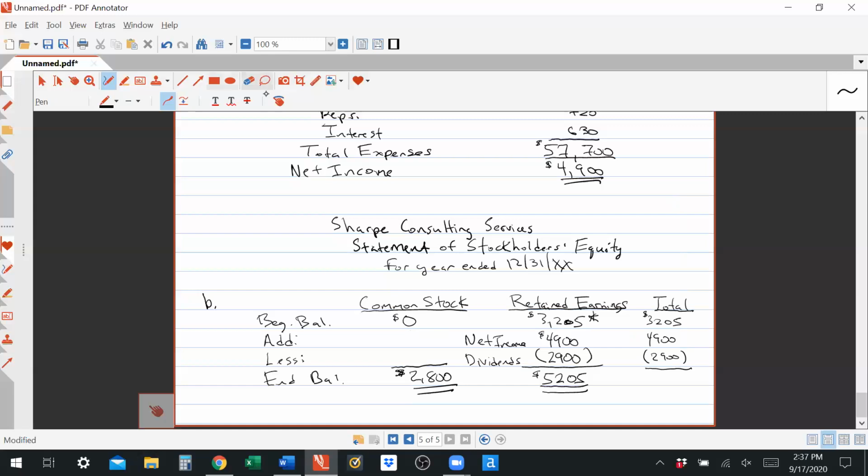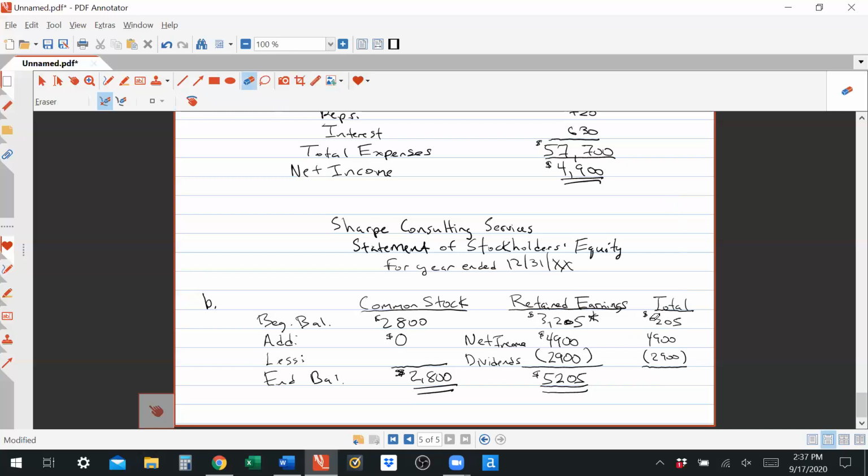And so our total ending balance, well, let's see, there were no capital contributions during the period, so there was nothing added. All right, the beginning balance in common stock must have been 2,800. It told us that. And the ending balance is 2,800. So there we go. My bad.